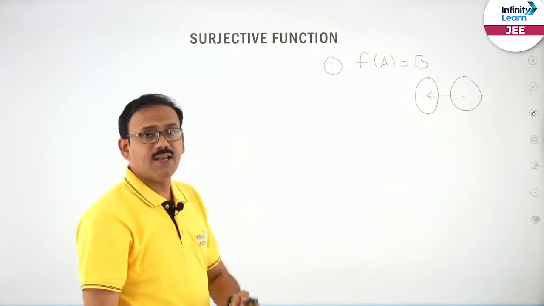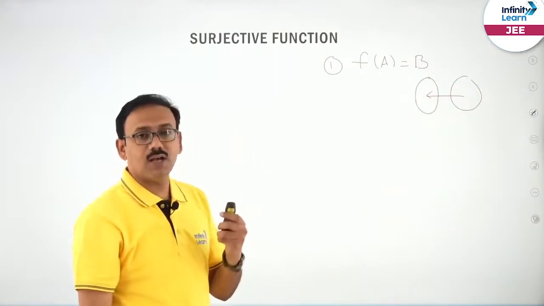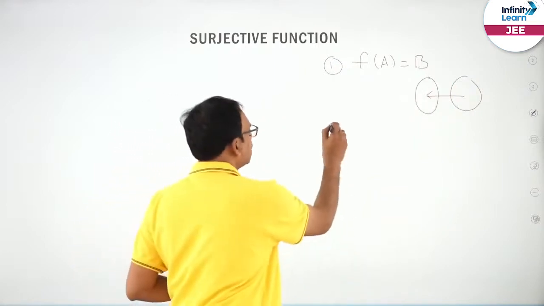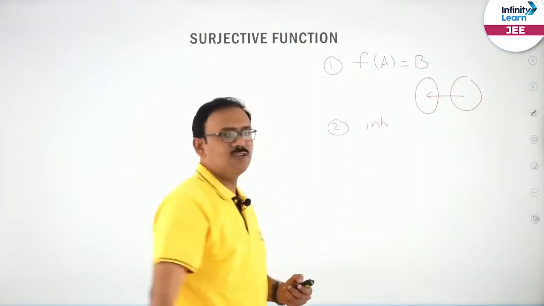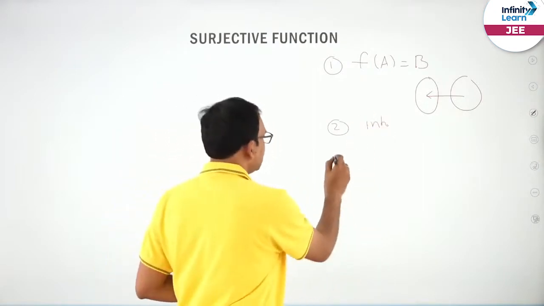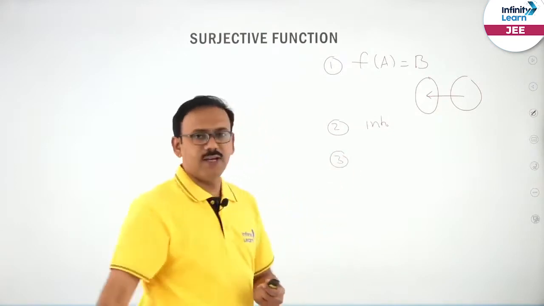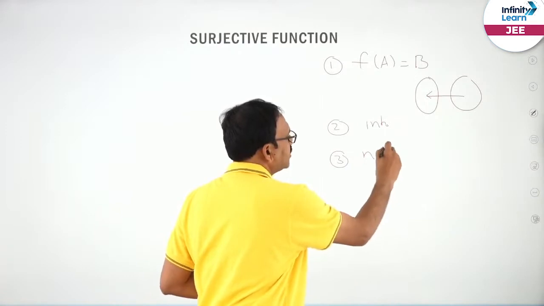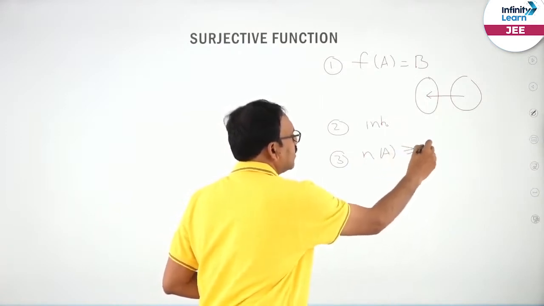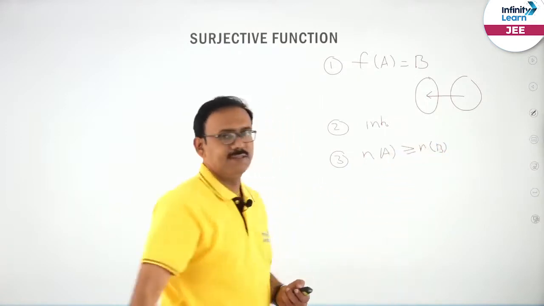In such a case, we call the function onto. If it is not onto, we call it an into function. Then friends, if A, B are finite sets and f is an onto function, n(A) will generally be greater than or equal to n(B).